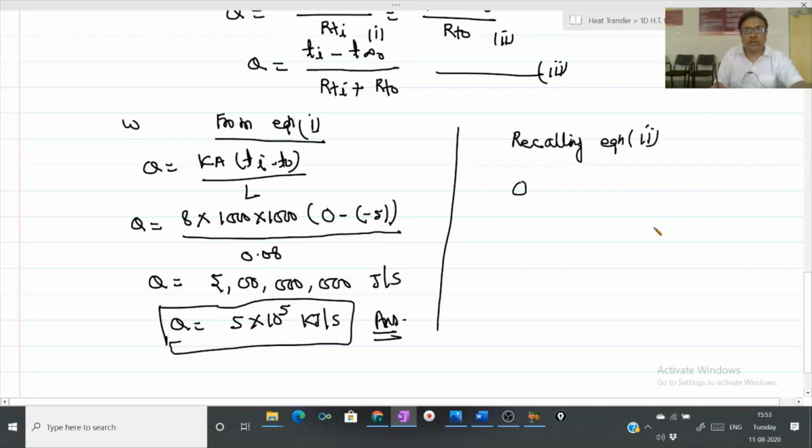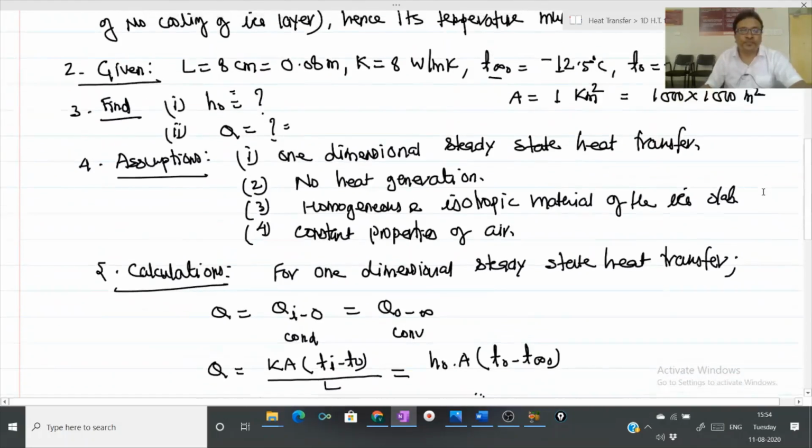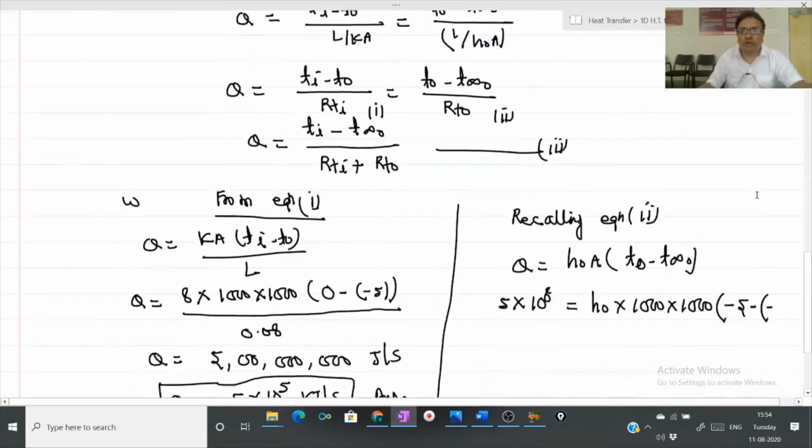Which is nothing but Q is equal to ho A (To minus T infinity). Here the value of Q is 5 into 10 to power 8 joule per second. The value of ho is to be found out. Area is 1 square kilometer, that is 1000 into 1000 meter. To is nothing but minus 5 and T infinity is minus 12.5.